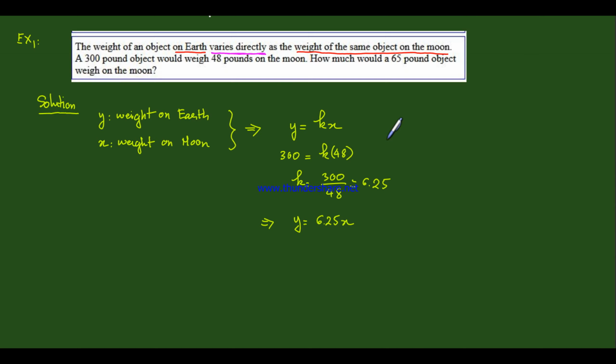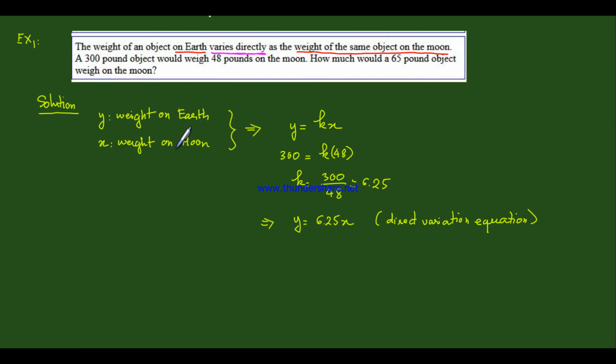Now we're gonna get the answer to the question right here. I'm gonna put the direct variation equation over here just in case somebody forgets it. The question is, how much would a 65 pound object weigh on the moon?